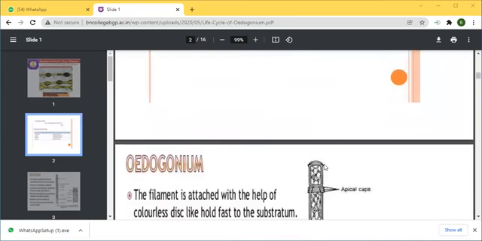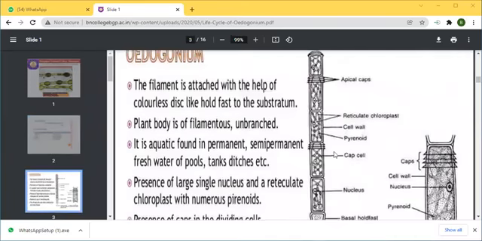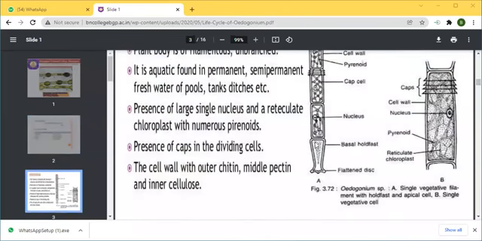The apical portion cell is called the apical cell, or apical cap. You can leave this one. What is the importance of the basal cell, the holdfast cell?